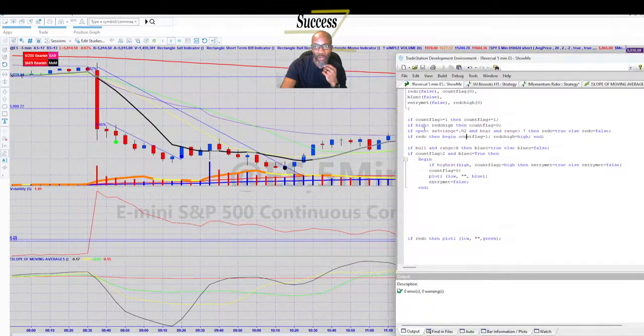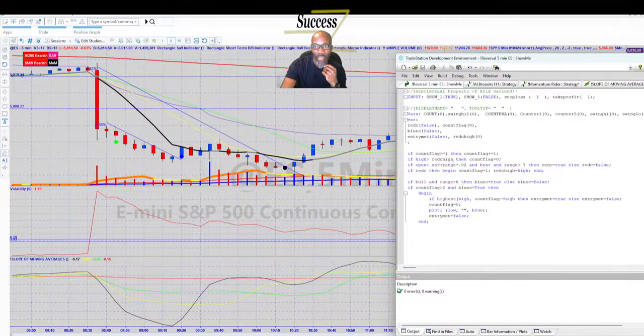Because our green candles say that the open of the candle needs to be less than 2% above the 9-period moving average. It needs to be less than that. All these definitely fall under that. It needs to be a bearish candle. It needs to have a range greater than the range of 7.